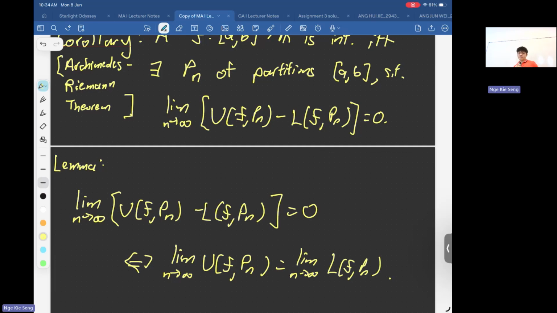Well, this is obvious if UFPn and LFPn converge, right? Then you can use limit law. But do they necessarily converge?